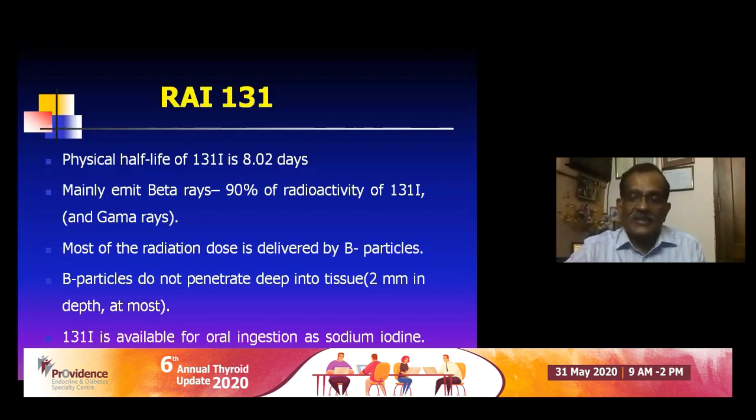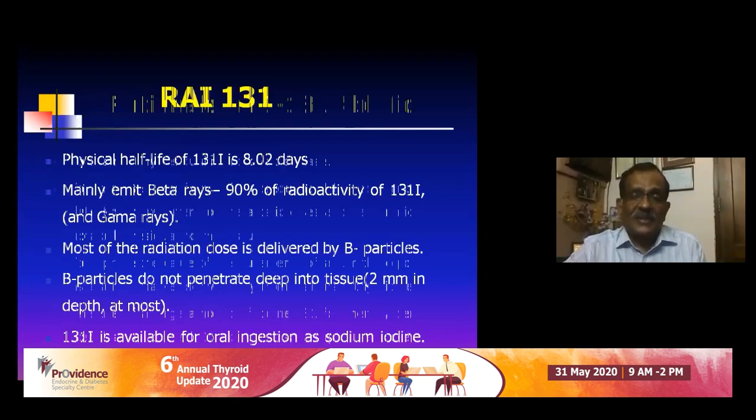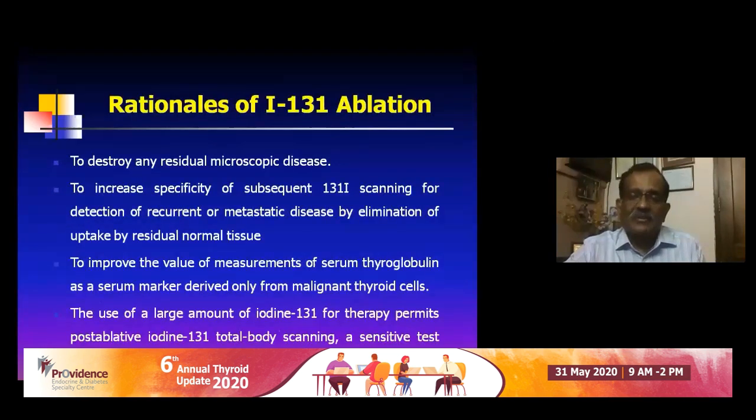And iodine 131 is available for oral administration as sodium iodide in liquid form or in capsules. The rationale of iodine 131 is to destroy any residual microscopic disease, to increase the specificity of subsequent iodine 131 screening for the detection of recurrent or metastatic disease by eliminating uptake by residual normal tissue, and to improve the value of measurements of serum thyroglobulin as a serum marker derived only from malignant thyroid cells.